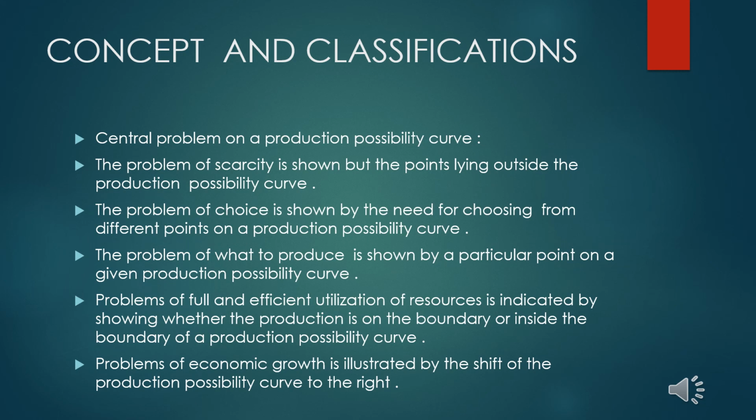The problem of what to produce is shown by a particular point on a given production possibility curve. The problem of full and efficient utilization of resources is indicated by showing whether production is on the boundary or inside the boundary of the production possibility curve. The problem of economic growth is illustrated by the shift of the production possibility curve to the right.